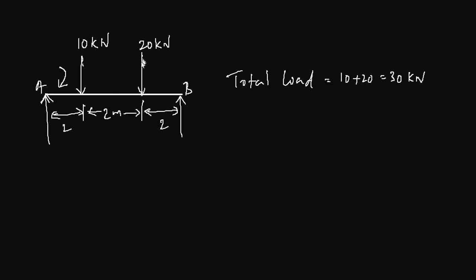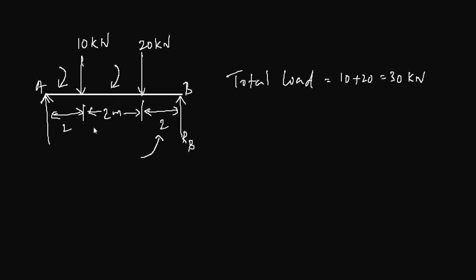A 20 kilonewton acting downward 2 plus 2, 4 meter away from A, creating again a clockwise moment, and a reaction at B acting upward, creating a counterclockwise moment when looking from A. So moment due to this force will be considered positive, and these two will be considered negative in this analysis. Or all counterclockwise moments will be considered positive and all clockwise moments will be considered negative.